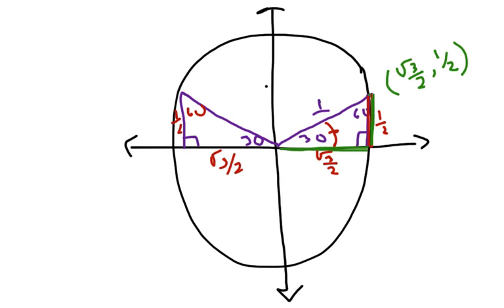But in this case, since we're in quadrant 2, this portion right here is negative on the x. My y is positive, my x is negative. So I'm going to write this point right here as negative √3/2, comma, my y portion, the vertical portion, is 1/2.